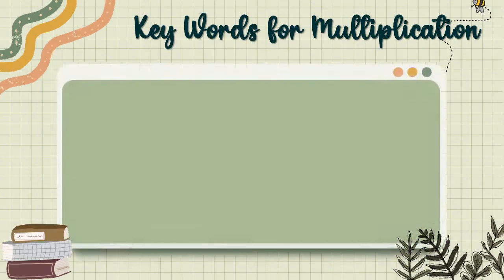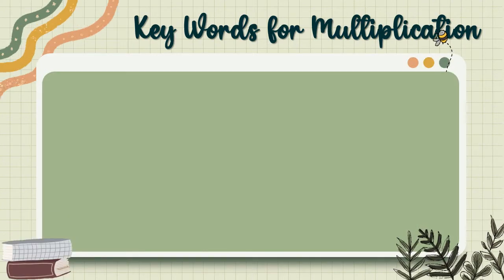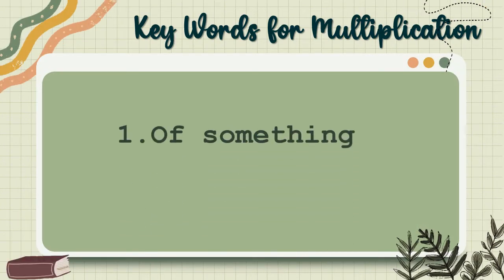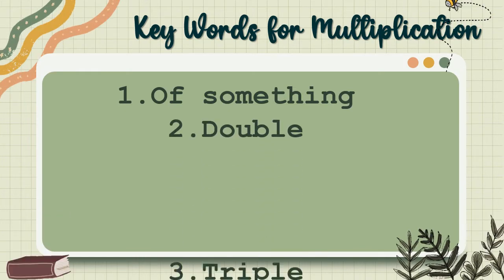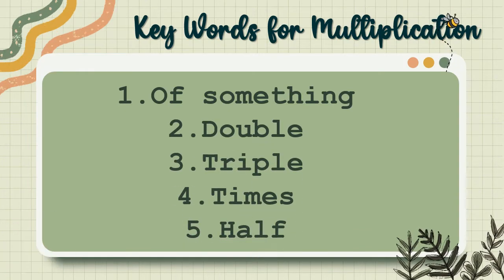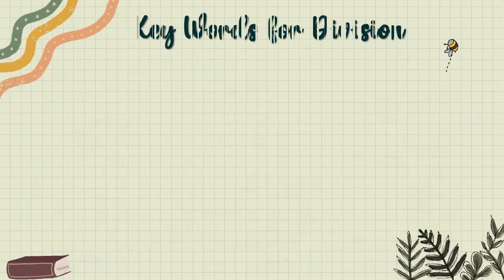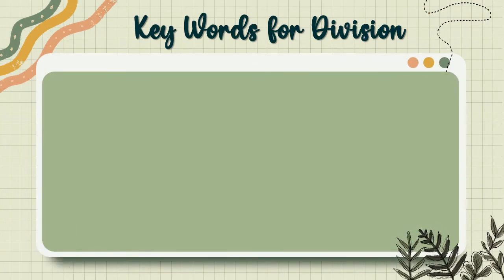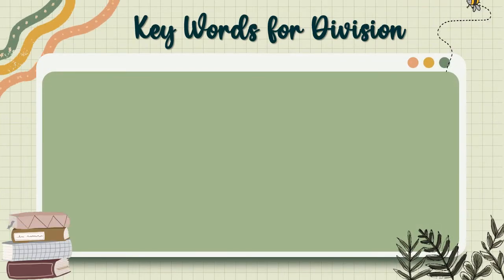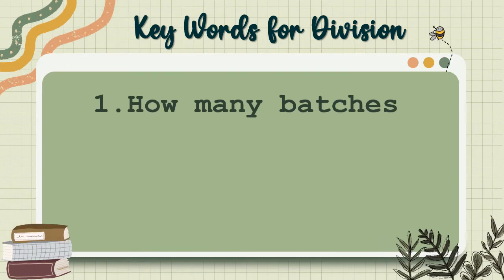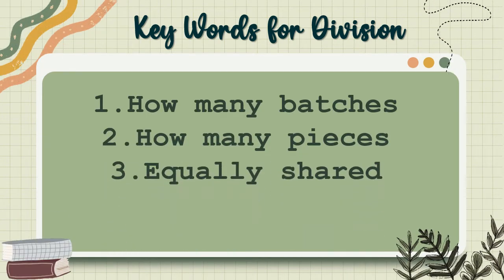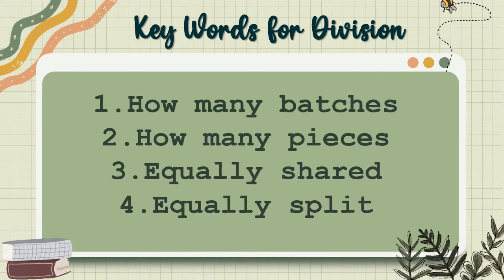The keywords for multiplication are of something, double, triple, times, and whole. And the last, the keywords for division are how many batches, how many pieces, equally shared, and equally split.